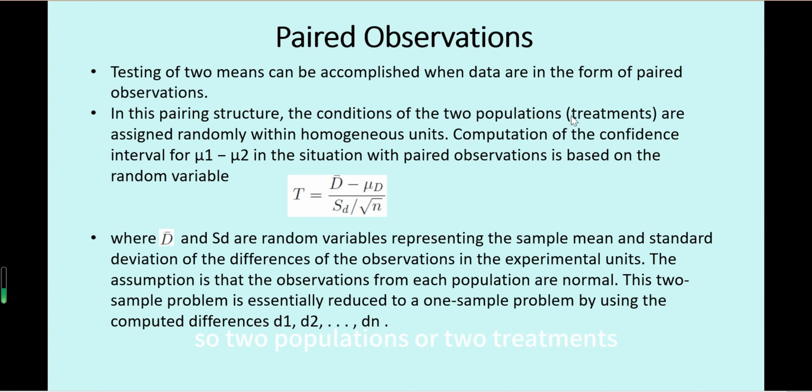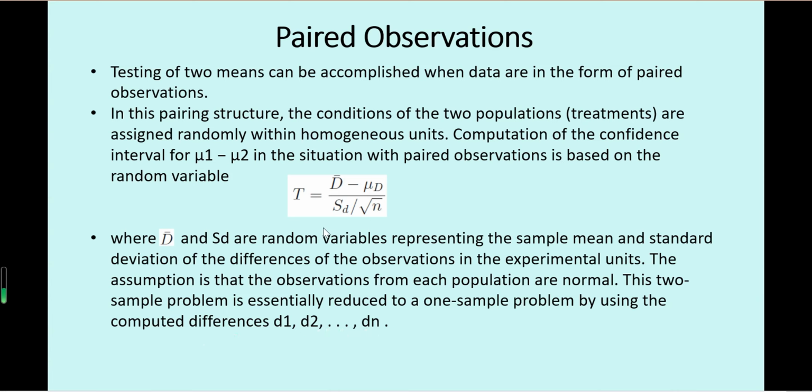So two populations or two treatments are assigned randomly to homogeneous units. Each unit will take each of these two treatments. Then we get the data and calculate the difference for each observation based on the paired tests. So we say these are paired observations.